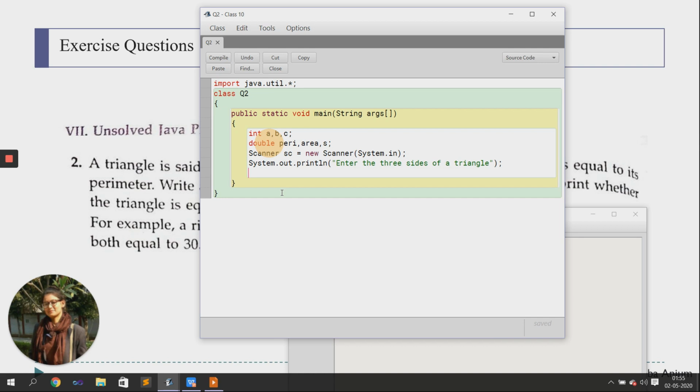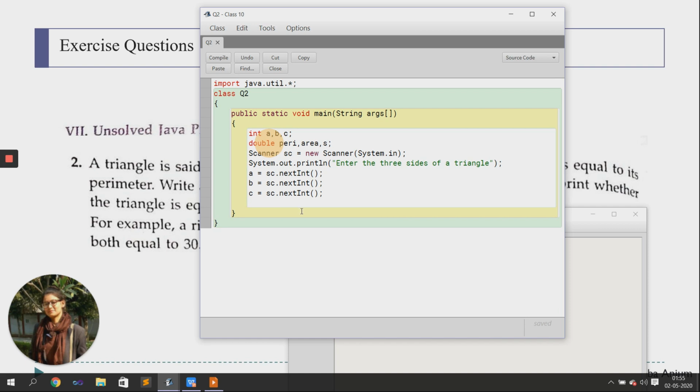Now a equals sc.nextInt, again b equals sc.nextInt, then c equals sc.nextInt. All three you have taken as input.